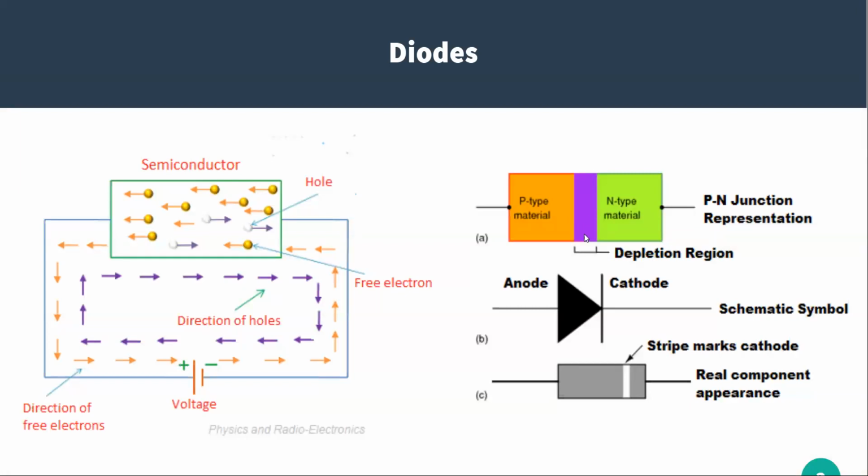And it forms this little depletion region where the electrons are recombining with the positive ions, which are atoms that have lost an electron. We call them holes. So you've got a recombination happening in that zone, and that's where you start getting into quantum physics with energy levels and things.